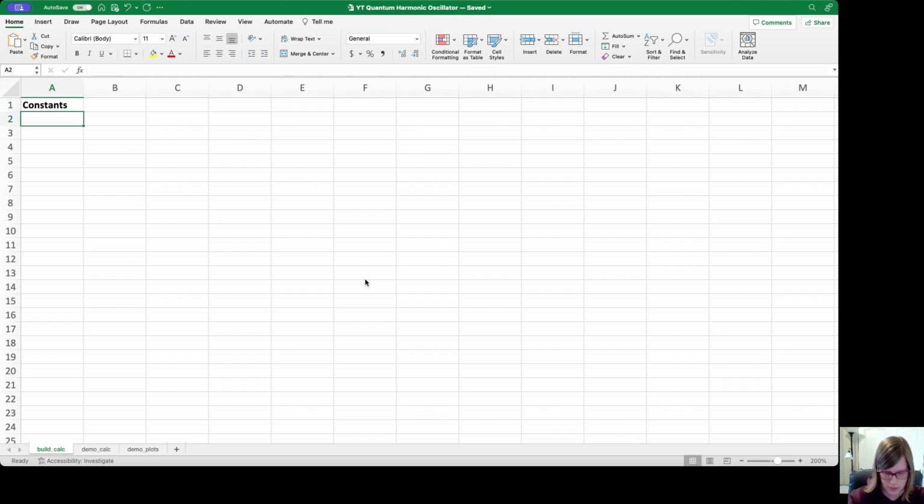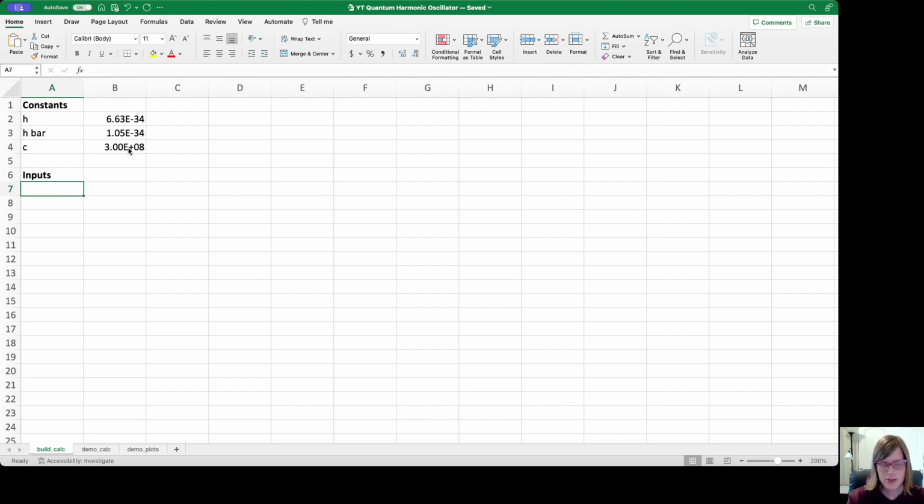Make it go bold. So we have h, Planck's constant, which is 6.626e-34. We have h bar, which is equal to that divided by 2 pi. And we have c, which is the speed of light, in meters per second. We have inputs.